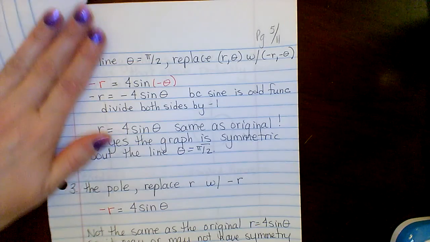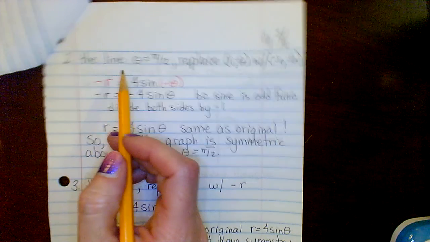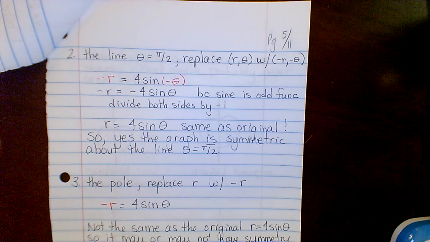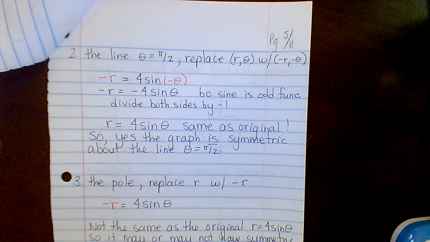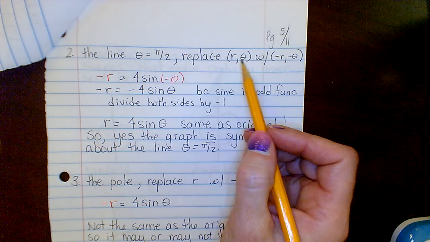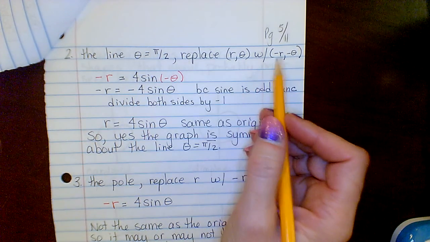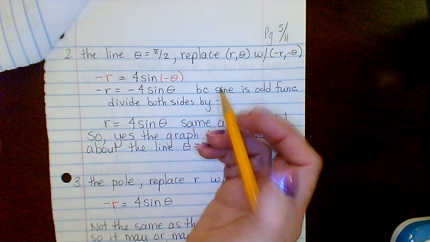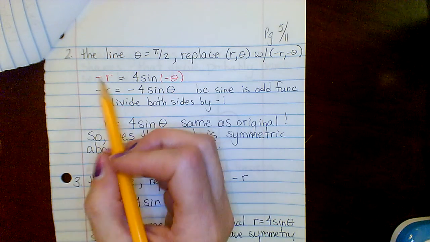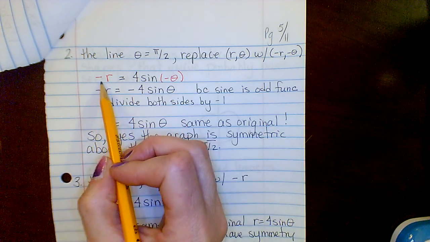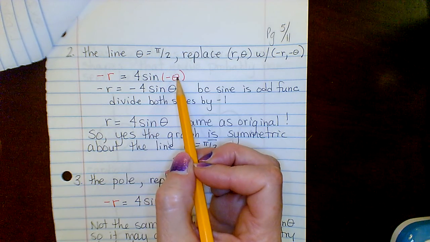So let's do the second symmetry test. The second symmetry test is about the line theta equals pi over 2. Remember, that's kind of the y-axis. Here we have to replace r and theta with negative r and negative theta. Going back to the original equation, r equals 4 sine theta, you can see in red how I changed r to negative r and theta to negative theta.